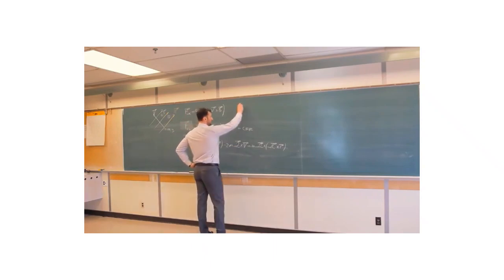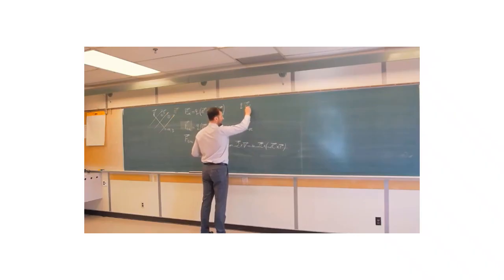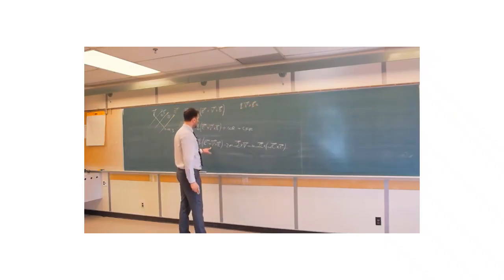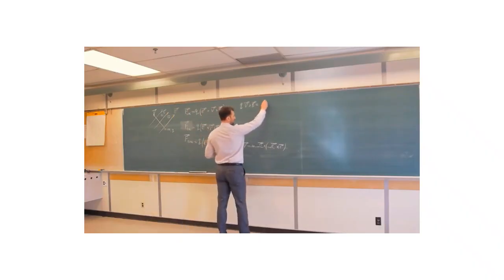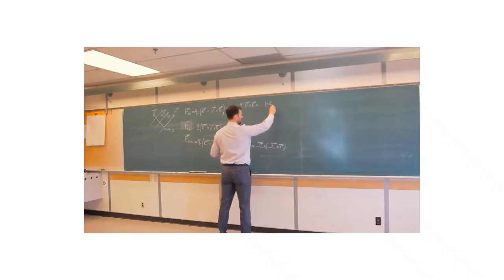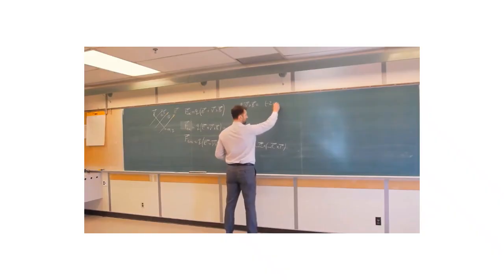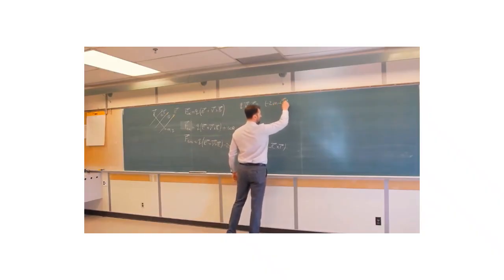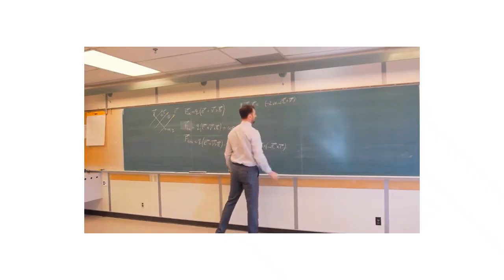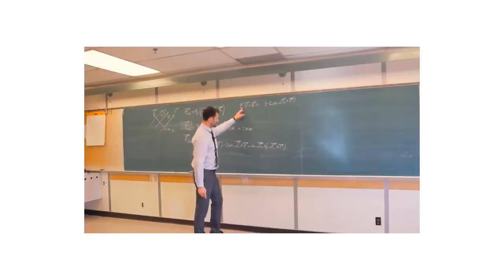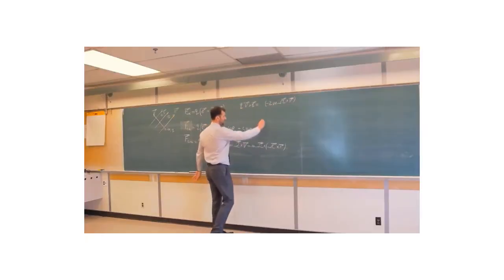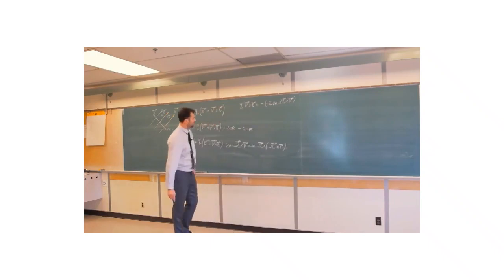Well, that means that Q V cross B needs to be equal but opposite of this. So this is Coriolis force, minus 2m omega cross V, and this force needs to be equal to that but opposite.